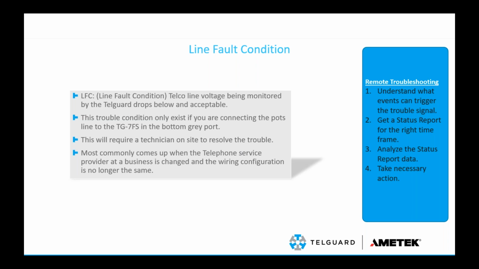This is for the POTS line, or plain old telephone service, that we're monitoring that's connected to the Telguard. This is only going to apply when the Telguard's in a cell primary or cell backup state. Cell only state, it will not apply because, again, we're not looking for that voltage in a cell only state.